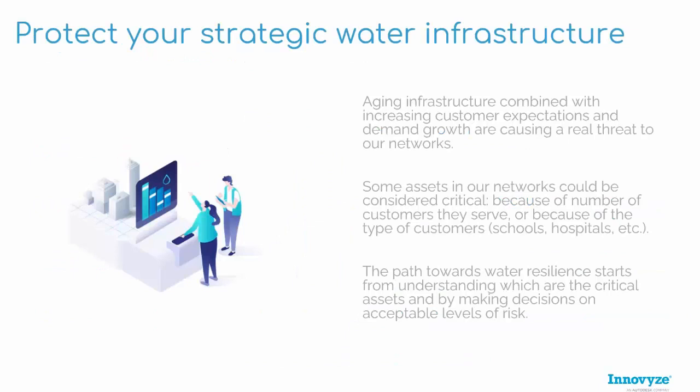So why are we here and why do we care? We have aging infrastructure, which we all know, and increases in demand. That's demand growth, but also demand on the requirements of the customer and what they expect from their water supply. We can interact now more with utilities, give our opinion on how they're coping with an incident.